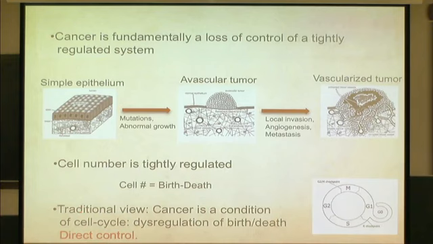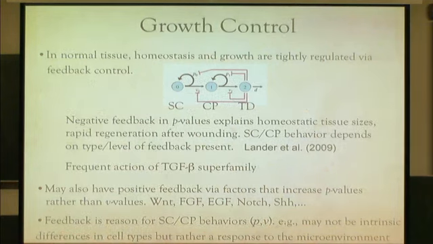And so one of the traditional views is that cancer is a condition of the cell cycle, so dysregulation of these birth-death processes, so you have more birth than death. And it could be done by, for example, acceleration of the cell cycle, and that's an example of direct control.